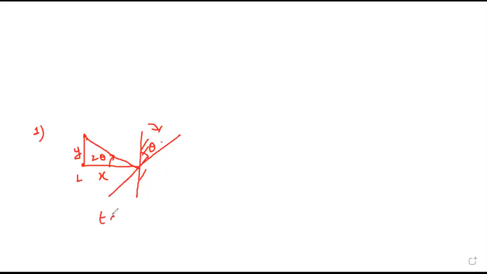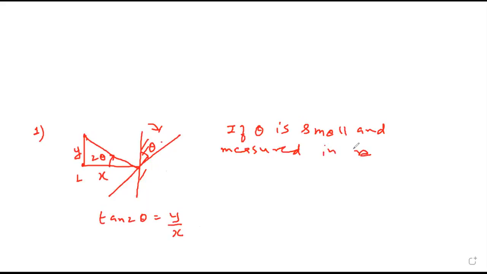What is tan theta? Is it opposite side upon adjacent side? Yes, sir. If theta is small and measured in radians, then tan theta is approximately theta. Therefore, we can say tan 2 theta is approximately 2 theta.